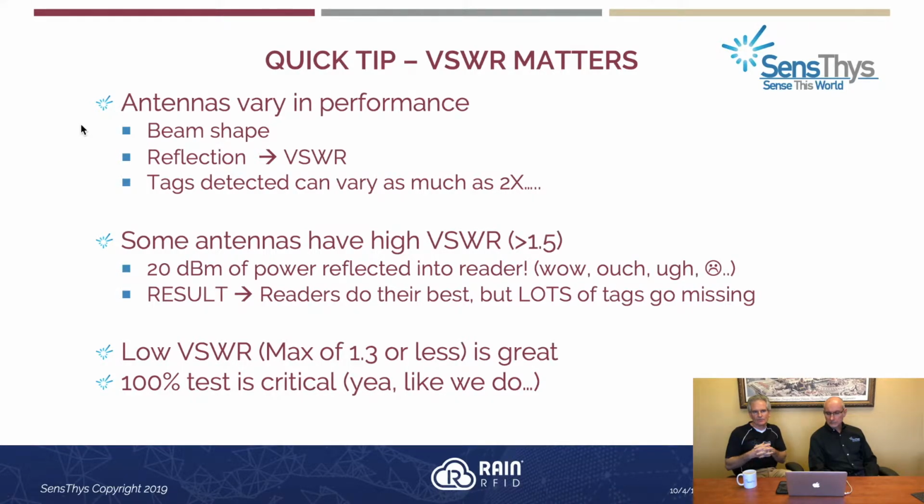Readers are very sophisticated in the RF world. People have done great things there, but they just can't deal with that, and a lot of tags go missing. So our quick tip is, make sure that you're looking at antennas that have good low VSWR.